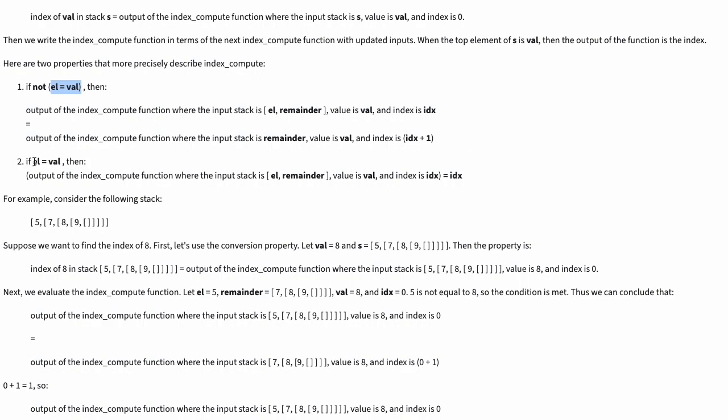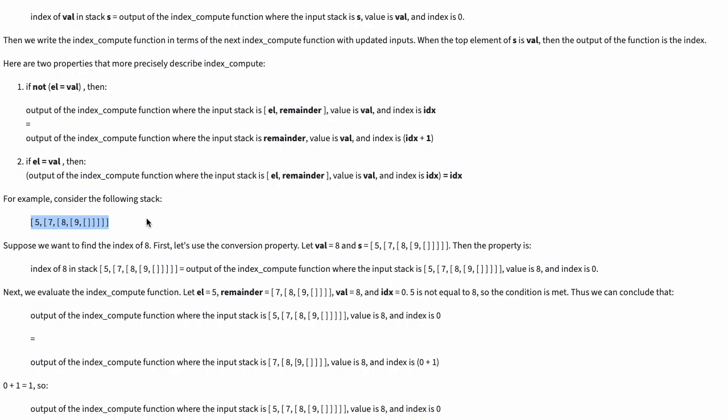If L is equal to val, then the output of the index compute function, where the input stack is L, remainder, value is val, and index is IDX, is equal to IDX. For example, consider the following stack, 5, 7, 8, 9. Suppose we want to find the index of 8.